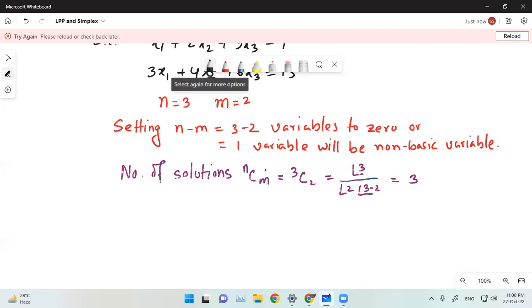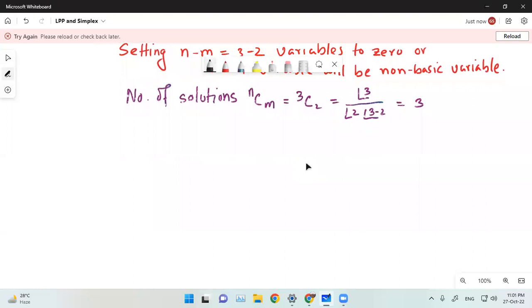Now let's begin with the table, as the tabular form is better. Our table will be something like this.